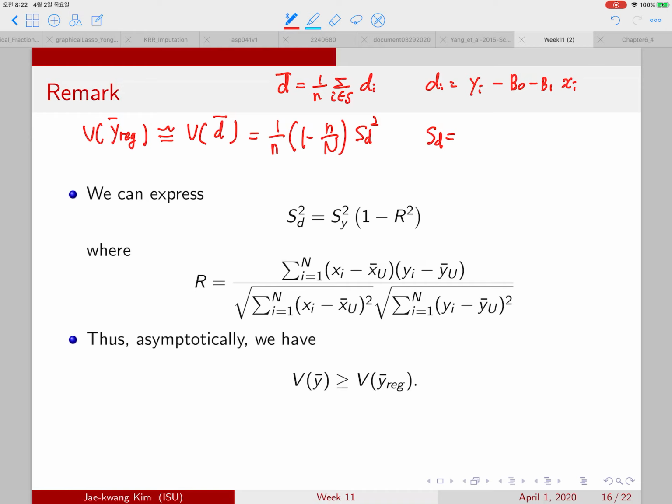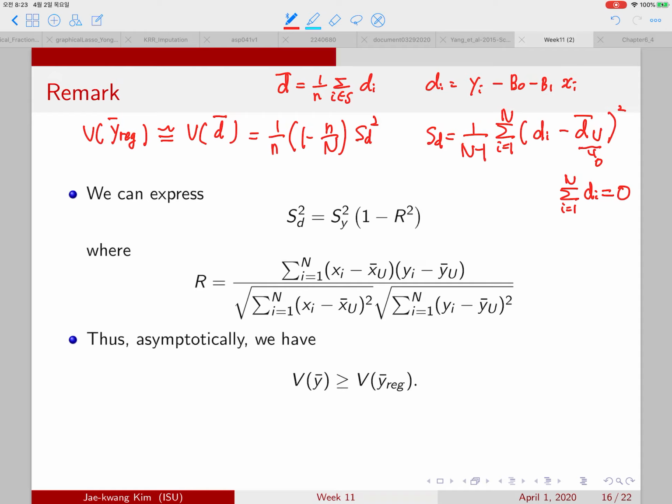And S_D square is essentially 1 over n minus 1, summation i equal to 1 to capital N, d_i minus d bar U, and d bar U is 0 because the summation of the d_i is 0, because we have an intercept.